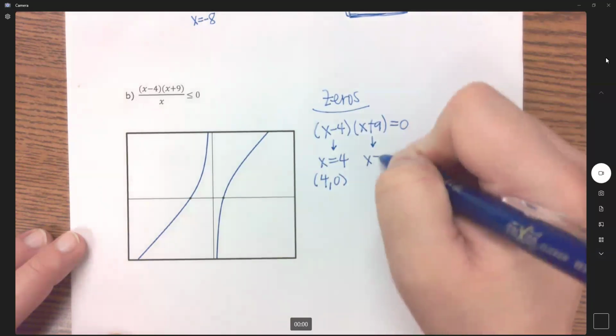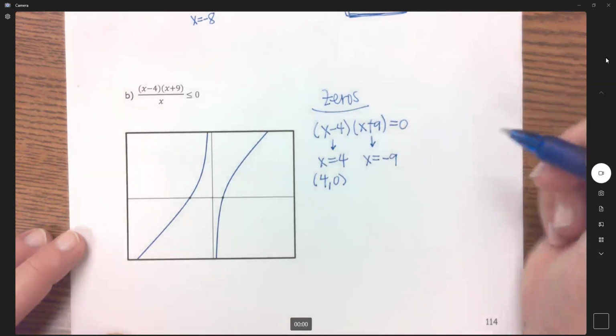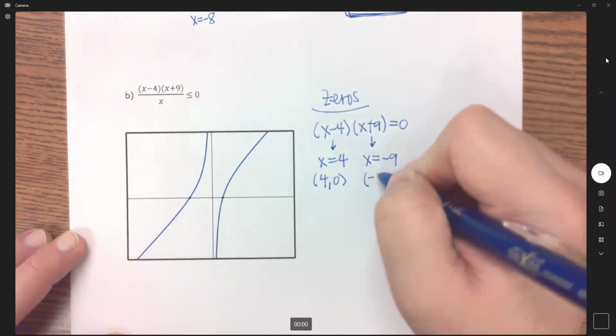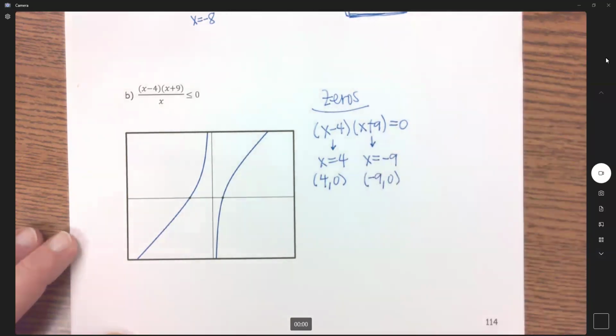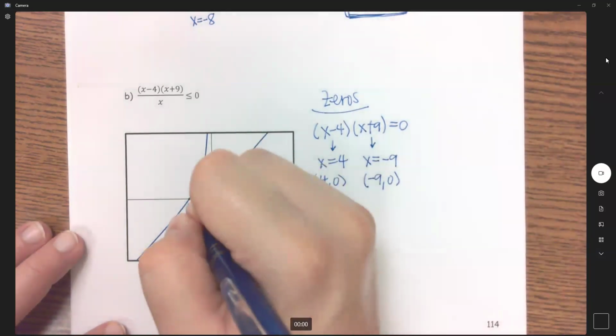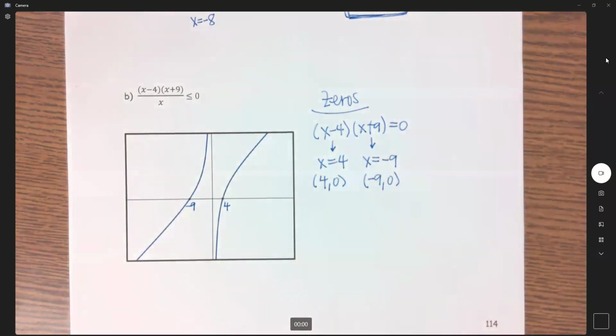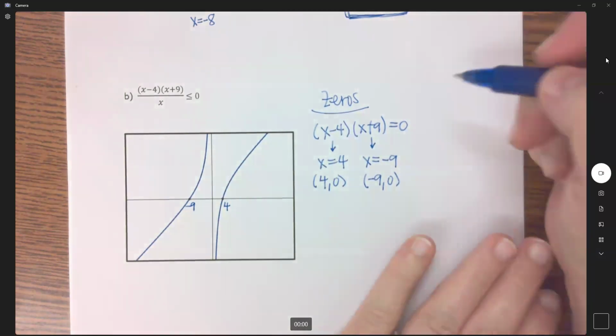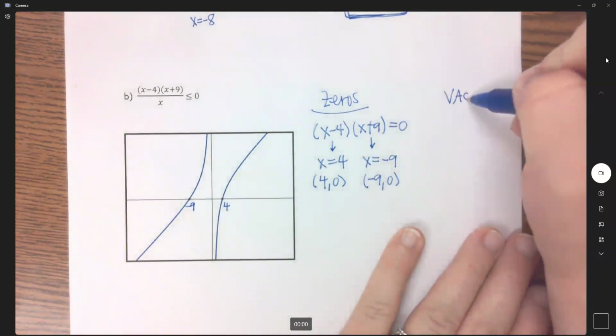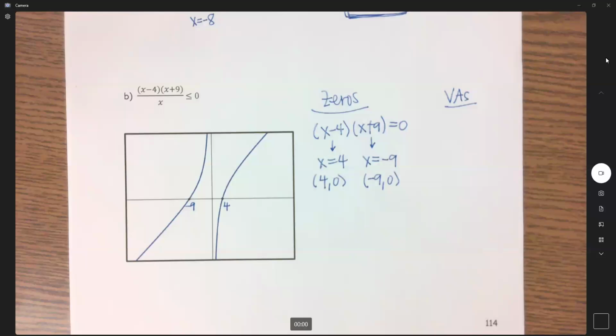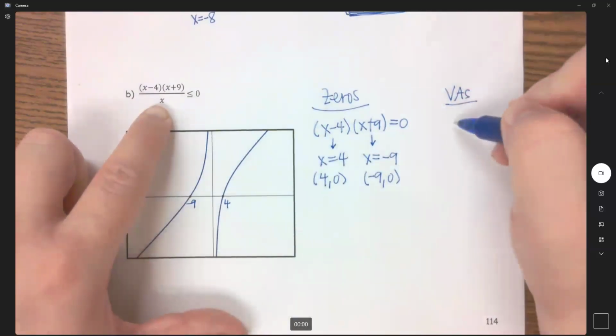And then this one, we subtract that 9 over to get x equals -9. So that x-intercept or 0 is -9, 0. So I know this point here is at -9 and this point here is at 4. Okay, next thing we're going to do is find our vertical asymptotes. And to find our vertical asymptotes, you take whatever the denominator is.